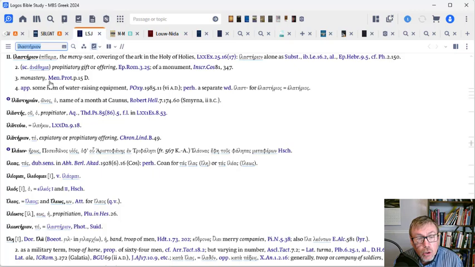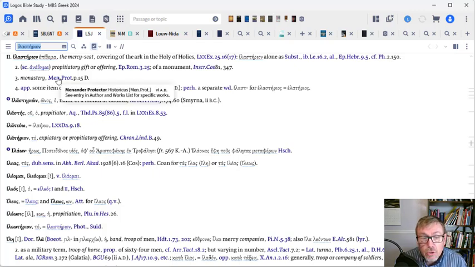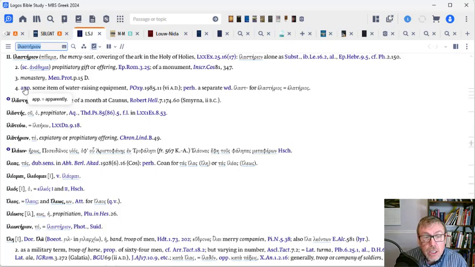And then they're looking at some other literature, and they're saying that it means monastery in this other context from other writings. And then for other contexts, which are not in the Bible, water raising equipment. So we have 4 definitions from this dictionary, and several are in the Bible, but several are not.